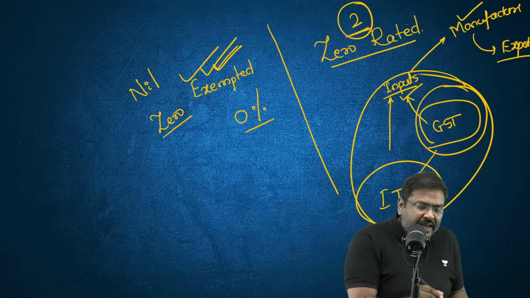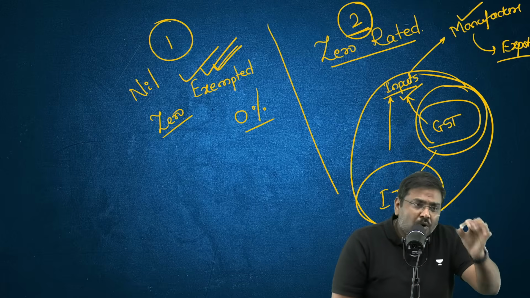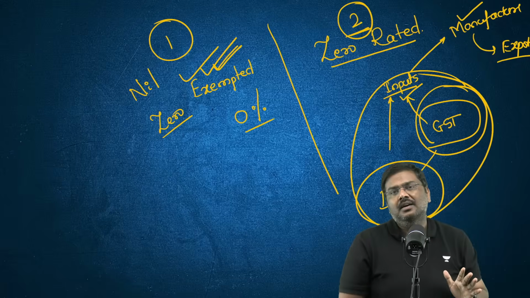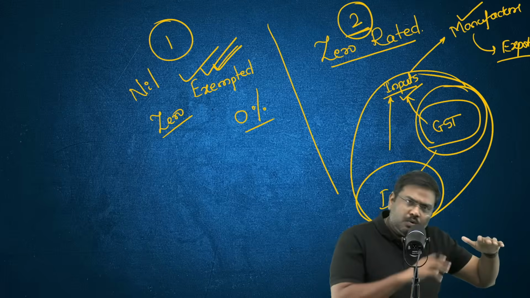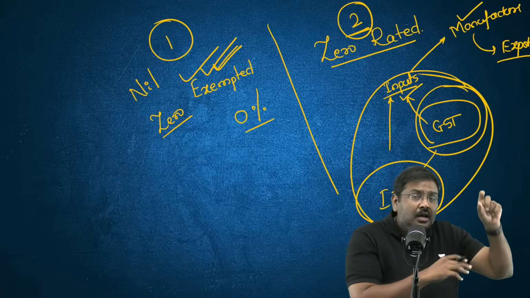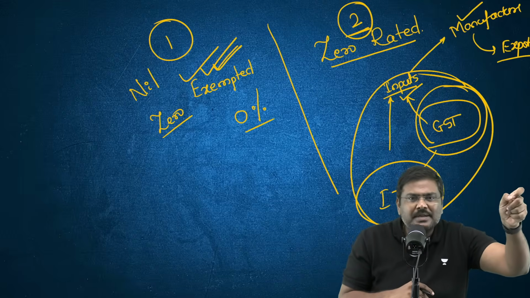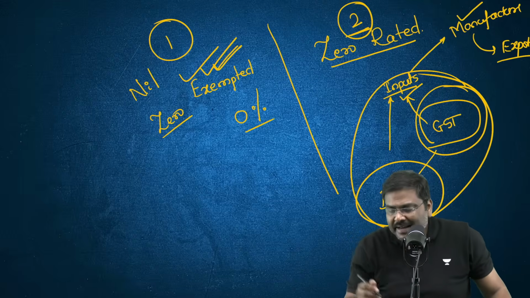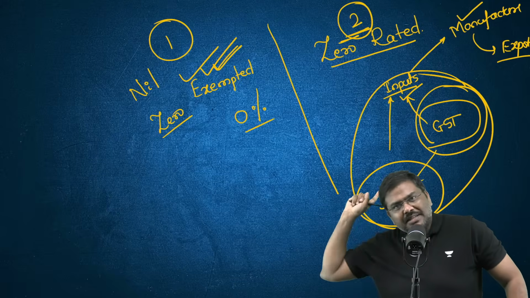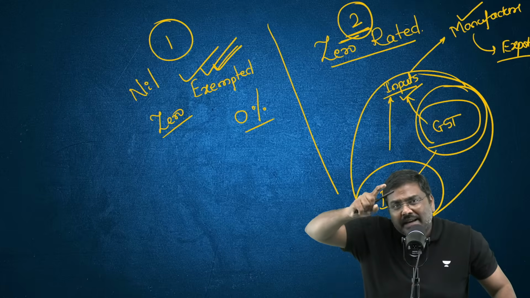In the first case, the product that you sell will attract 0% GST. The inputs, you would have paid GST on that. But in the second case, you will purchase inputs, you will pay GST, and that GST will be credited back to you as input tax credit.